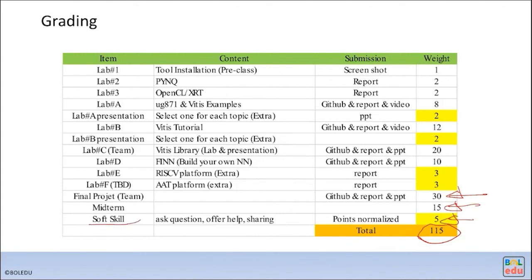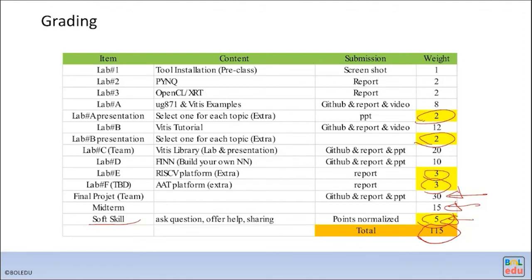Those marked in yellow are extra credit, so that's how the total credit goes up to 115. The yellow part is 15. That means you may not need to do those parts. Even if you don't do any of the yellow parts, you can still get 100 points.